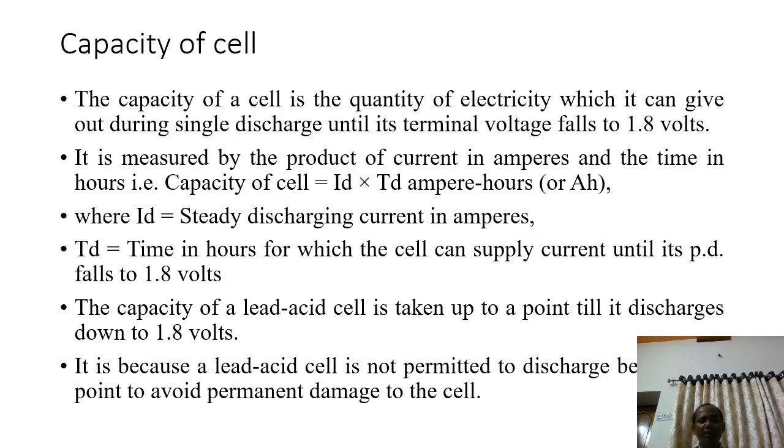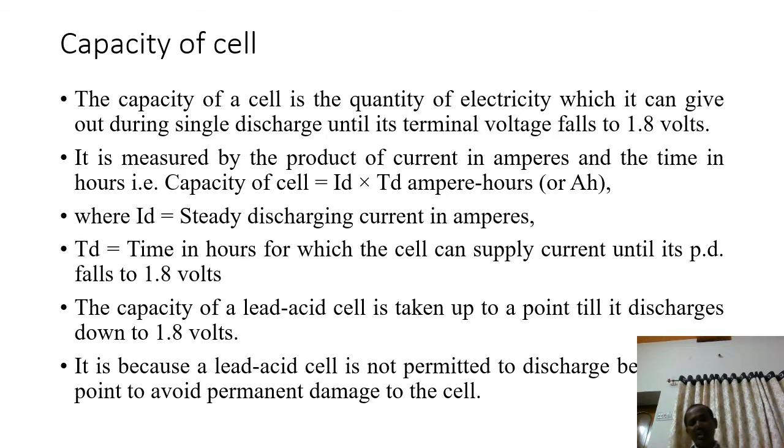So this is the most applicable condition for calculating the capacity of the battery or the cell. How can you calculate the capacity of the cell? It is the product of current in amperes and time in hours, that is called ampere hours, which is the capacity of the cell. For example, 1 ampere current, time 60 hours.